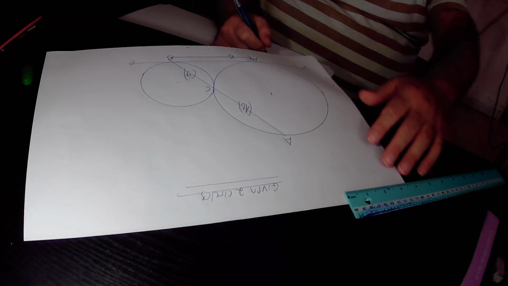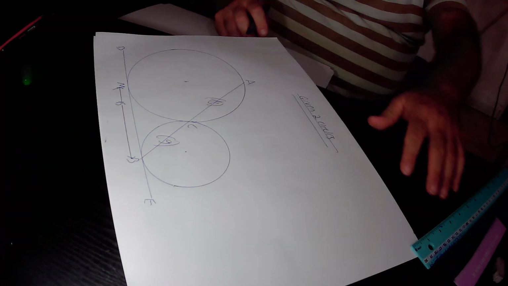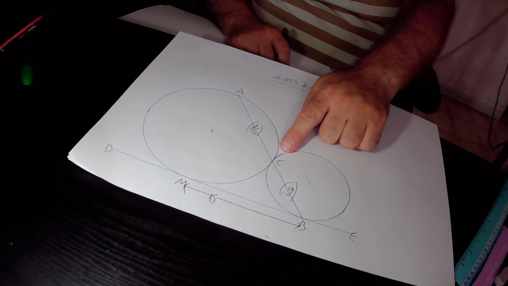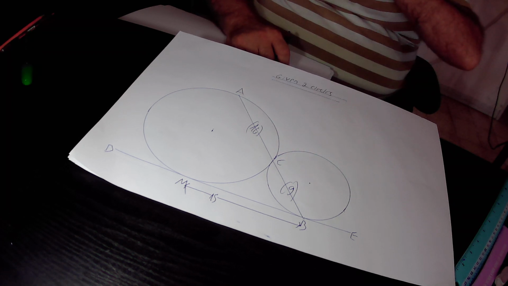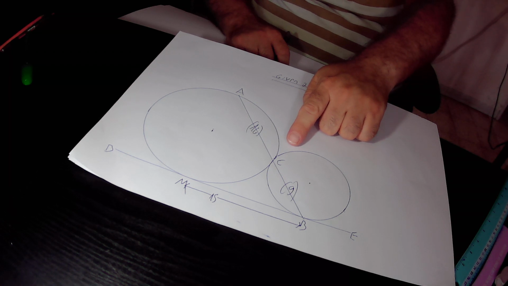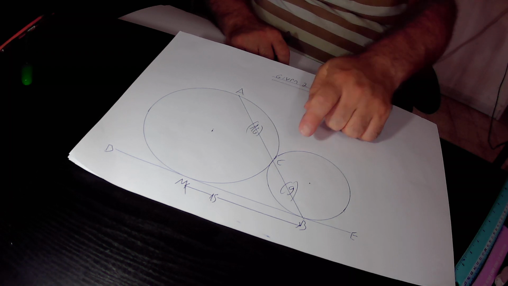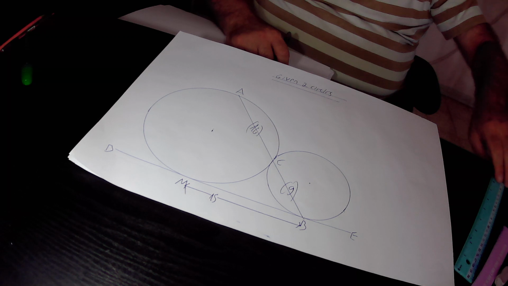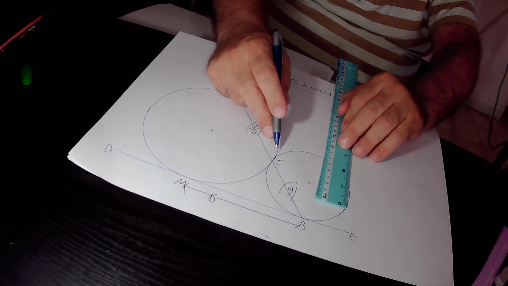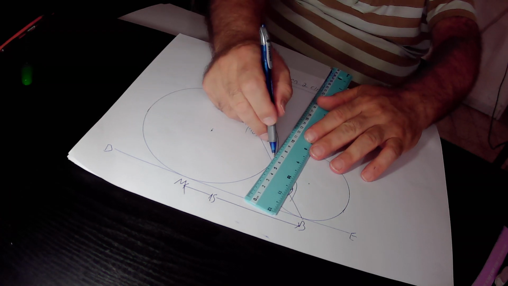In the next step, we'll do a construction. That is to say, from this point C, we draw a common tangent to both circles. And we define the touching point of the common tangent with tangent DE.